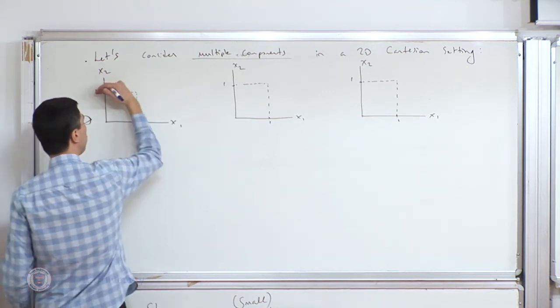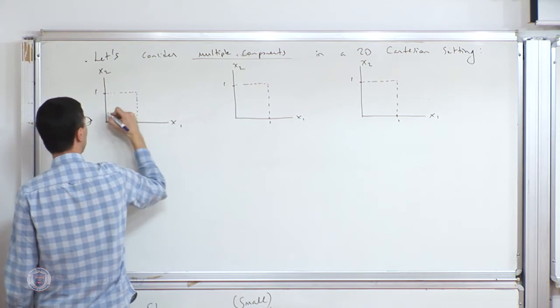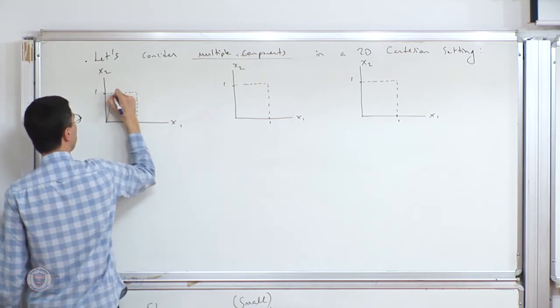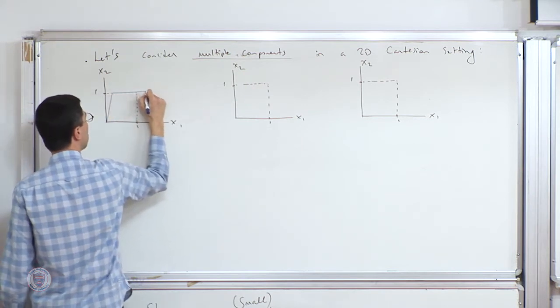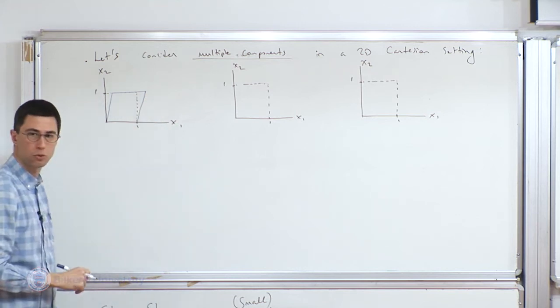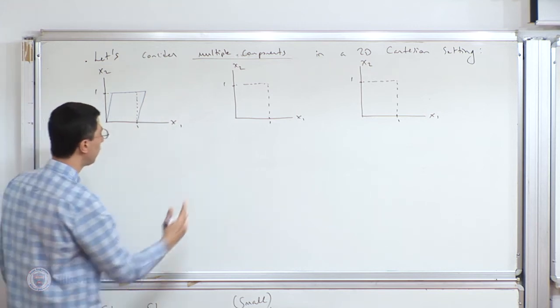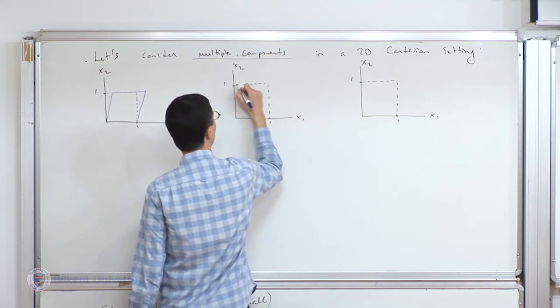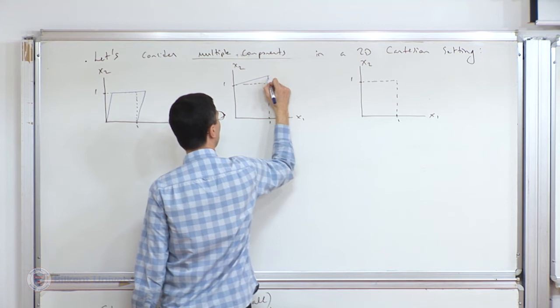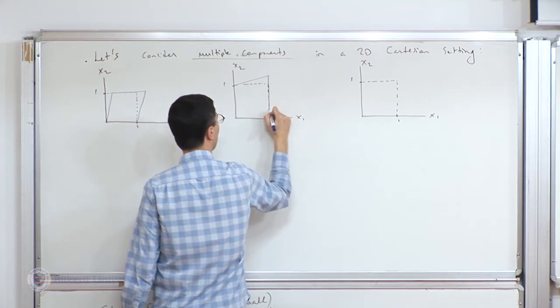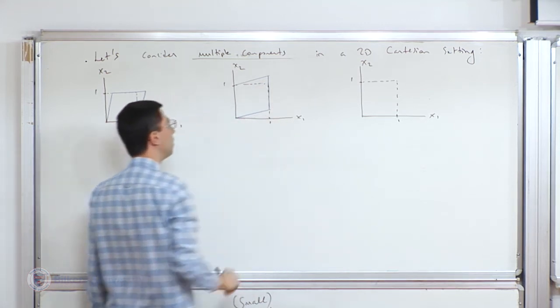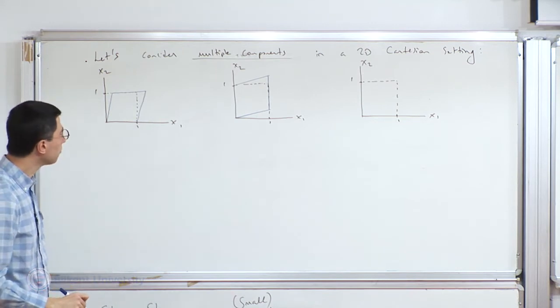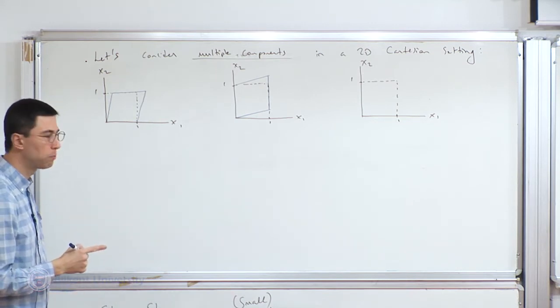The first one I will shear along the x1 direction. So after shear, this is how the block looks. Okay. The second one I will shear in the x2 direction. And after shear, this is how it looks. And the last one is a little bit more tricky.